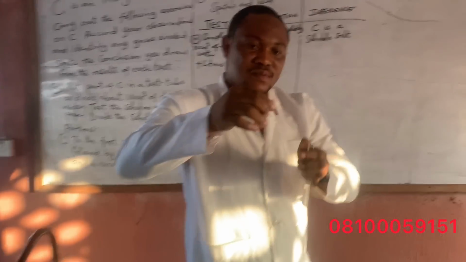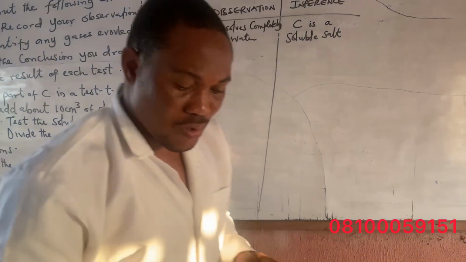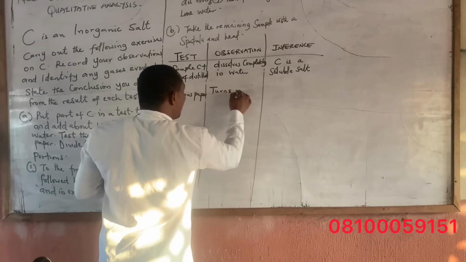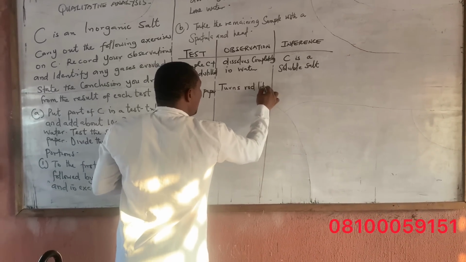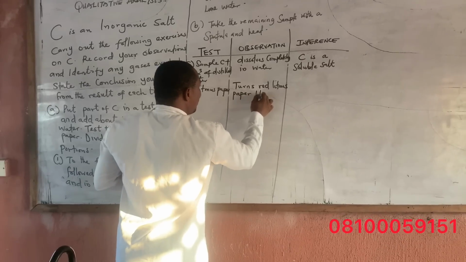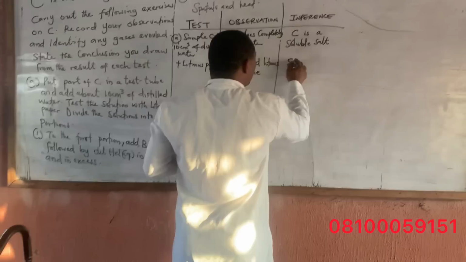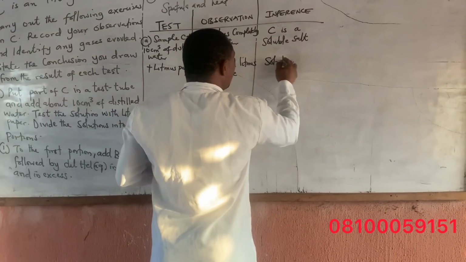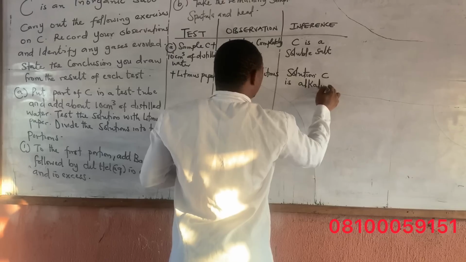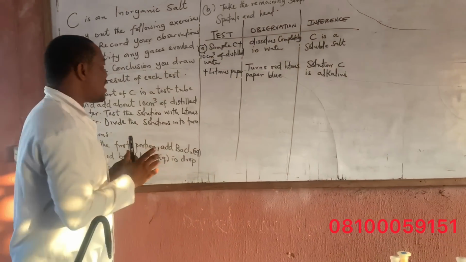Can you see it? Changing the red to what? To blue. So it turns red litmus paper blue. Then we can infer that solution C is alkaline. That's the reason why it's turning red litmus paper blue. If it turns blue litmus paper red, then it is acidic. I think this is clear.